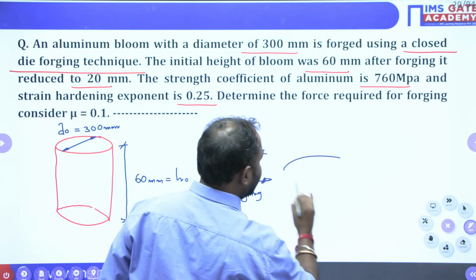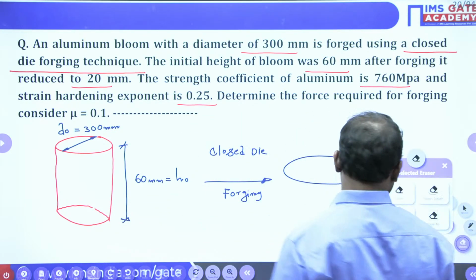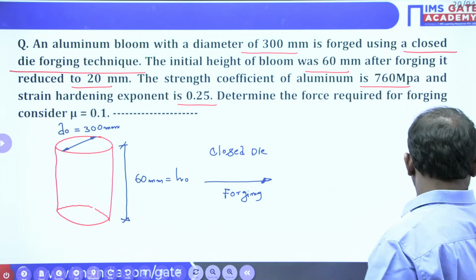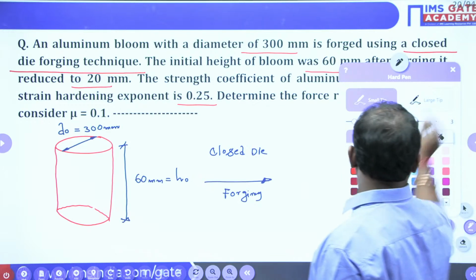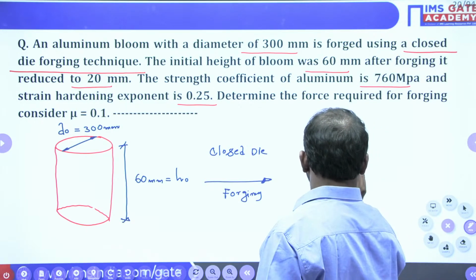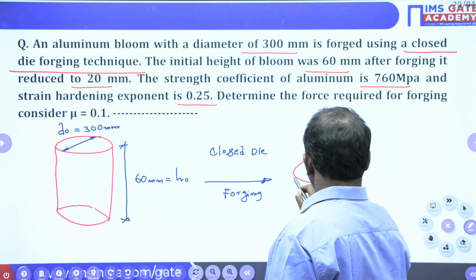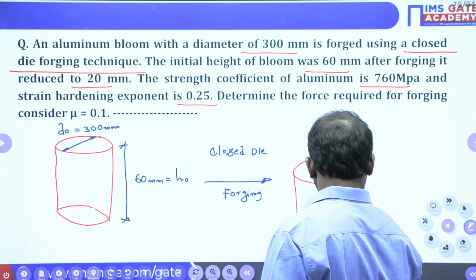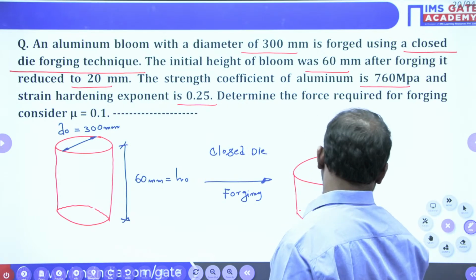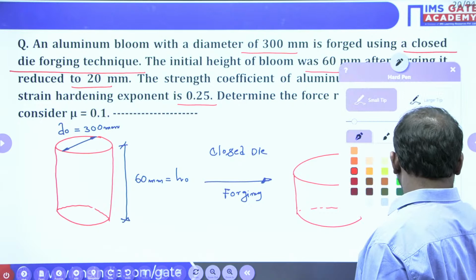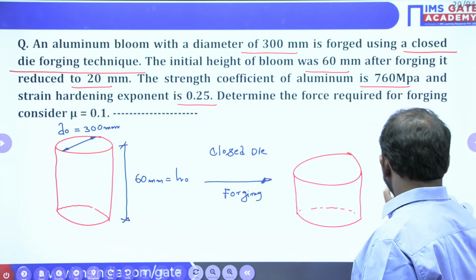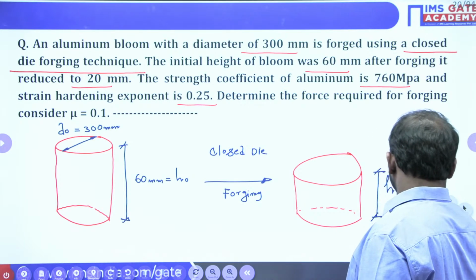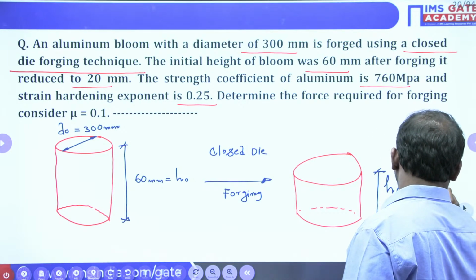The height is going to be reduced to a final height of HF, which is equal to 20 mm.